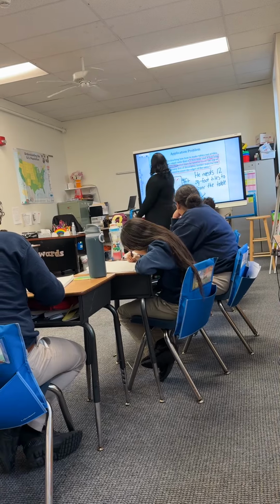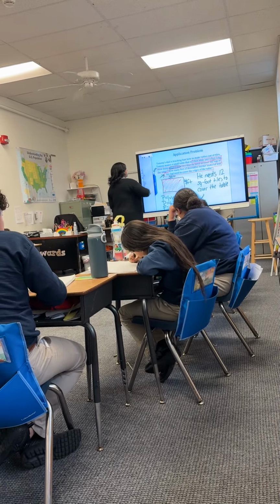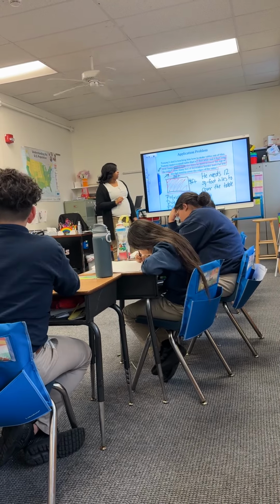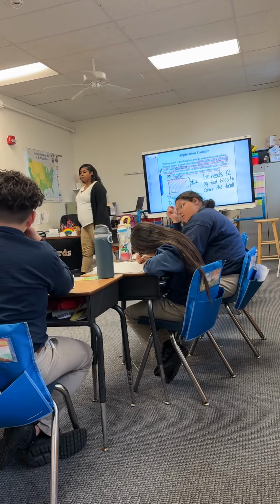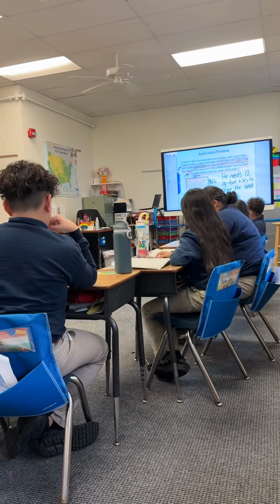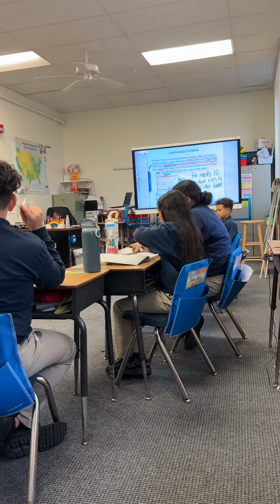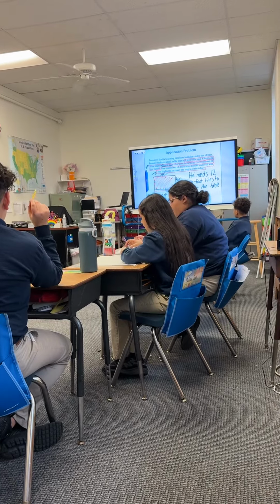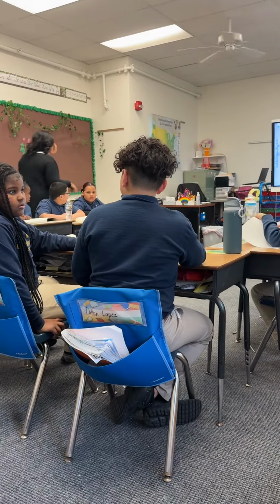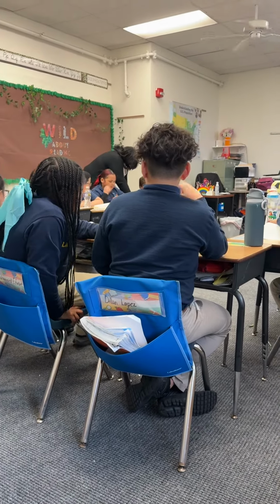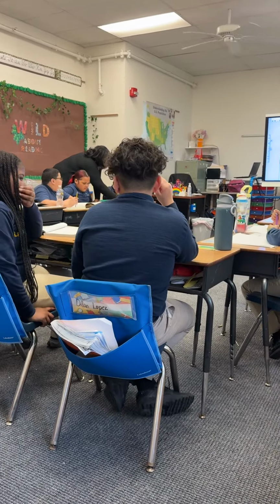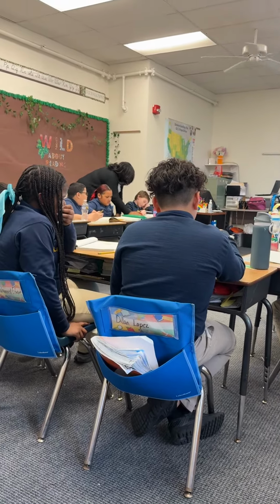Alright, I want you to talk to the person next to you on how we're going to answer this second question in words. It says, how many feet of decorative border will his dad need to cover the edges of the table? Lily, you can talk with them. 14 1-foot tiles.